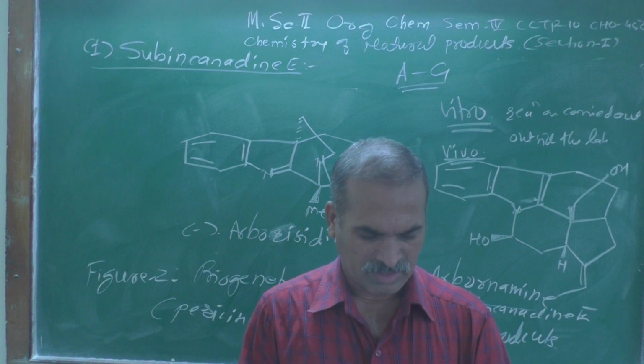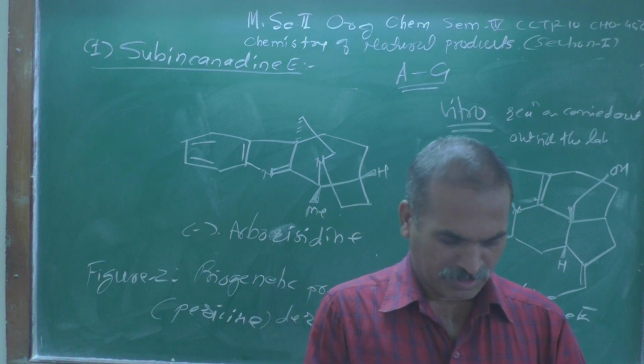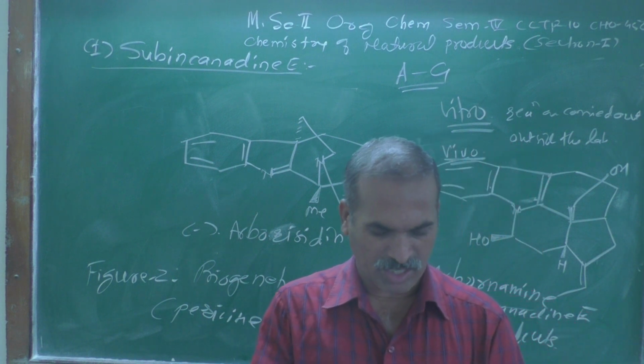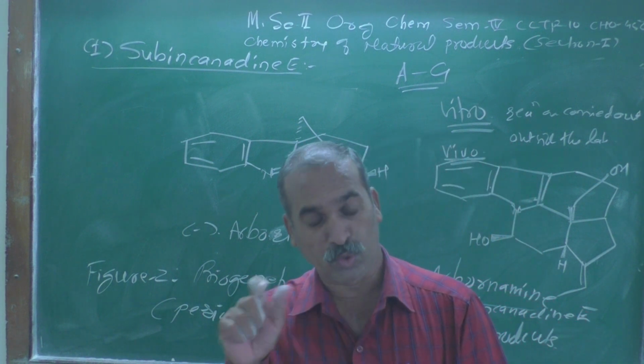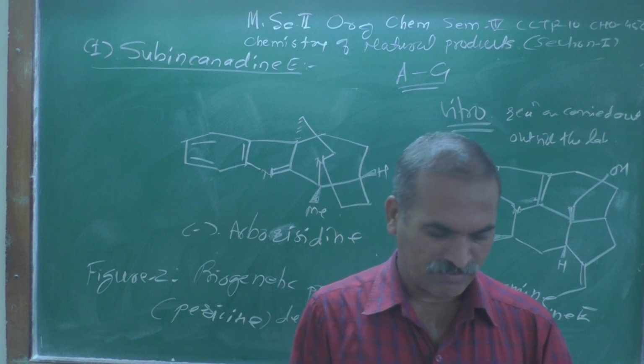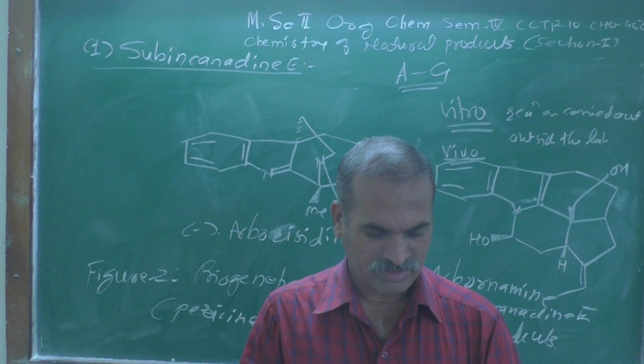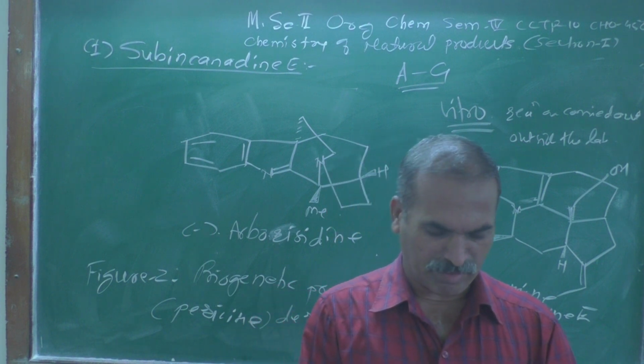Retrosynthetically, the corresponding tryptamine-derived maleimide would be the potential precursor for a total synthesis of plus minus Subincanadine E, which is represented in scheme number 1.